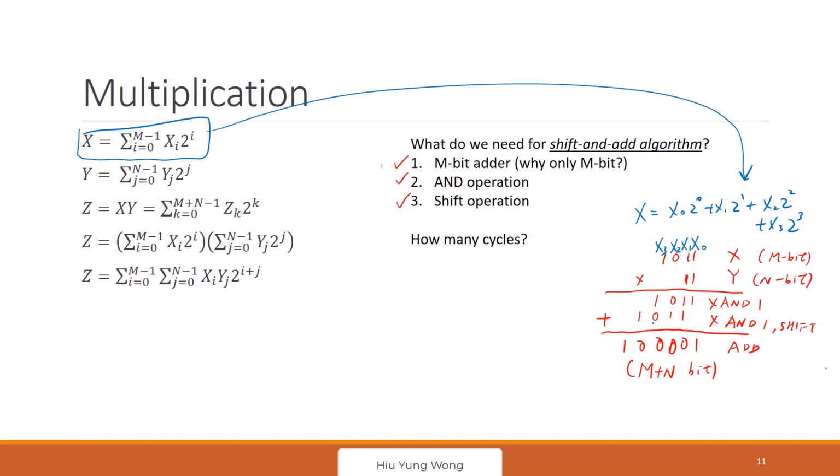N? Almost. But what is N here? Is it 1 or 2? 2, right? But how many additions do you do? 1.